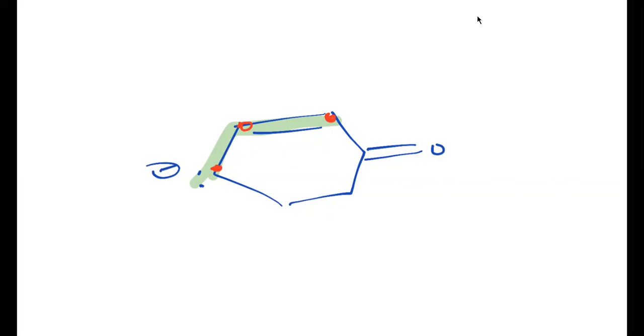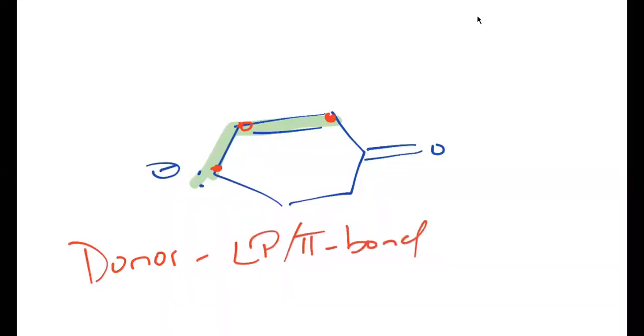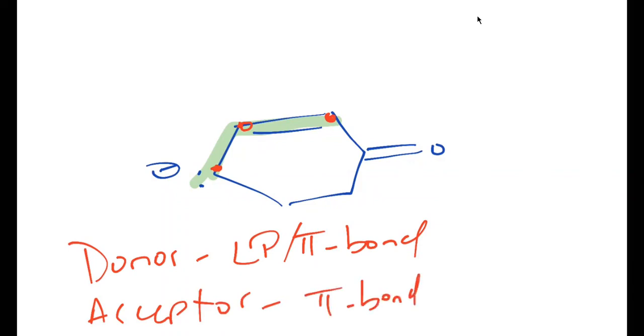My donor is always going to be either a lone pair or a pi bond. Right? And then my acceptor will be a pi bond or a cation or an electronegative atom. Right? Because we've seen that too.